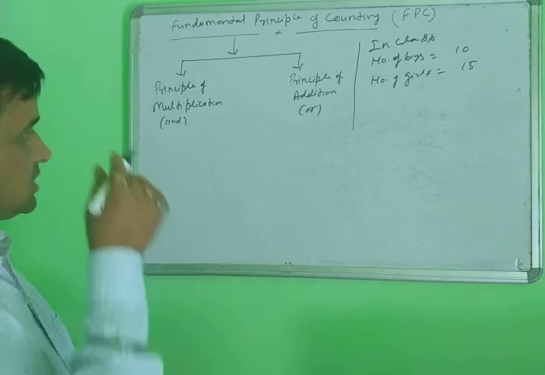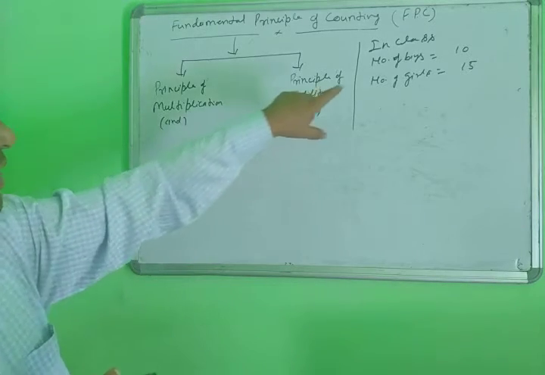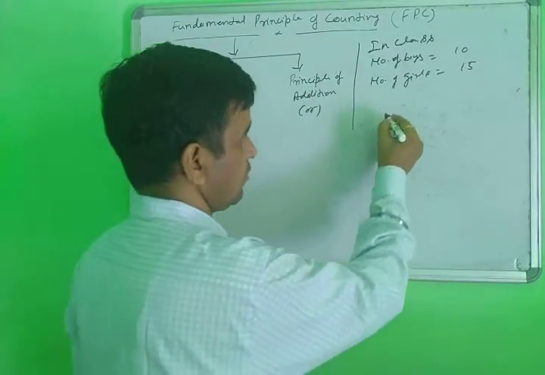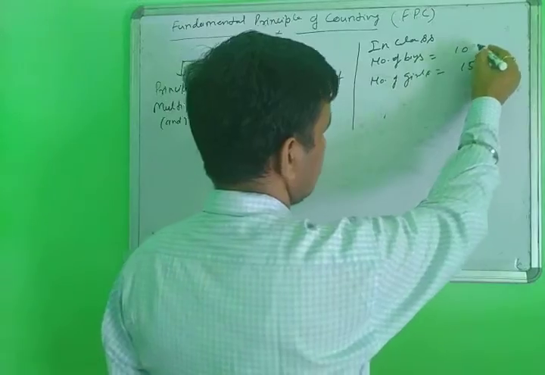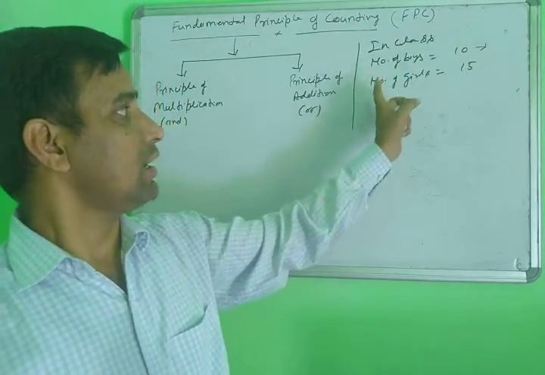According to this, how many boys are there? 10 boys, so the number of ways of selecting a boy is 10. How many girls?